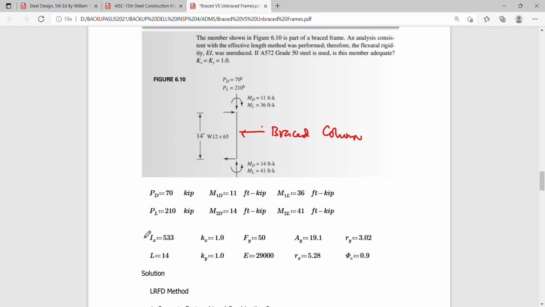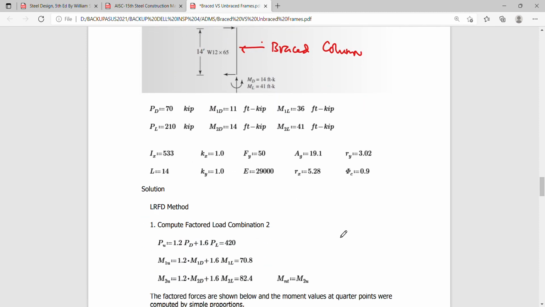So also the properties are shown here, which of course are obtained from table, and the general solution for this involves only actually 4 to 5 steps, in which the first step is based on the summary of the analysis results in terms of the dead and the live load.